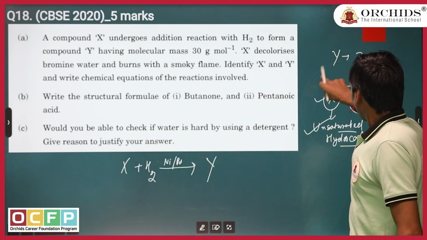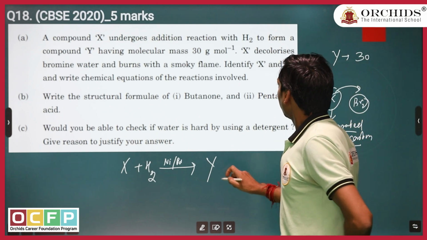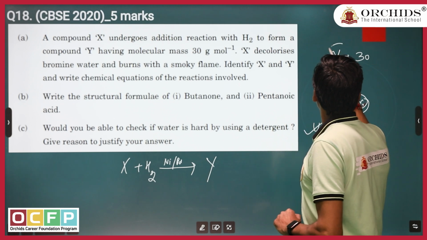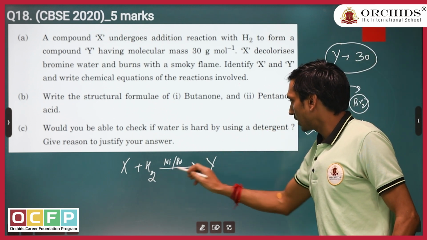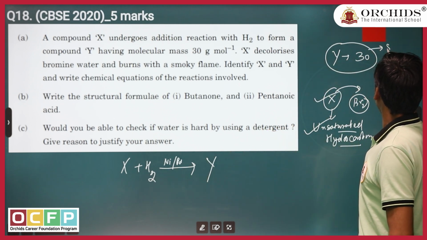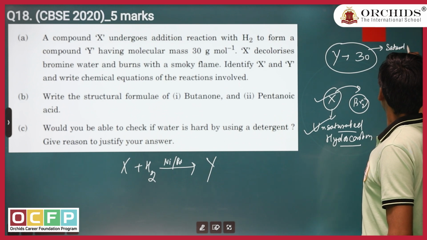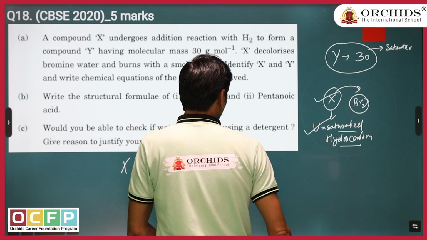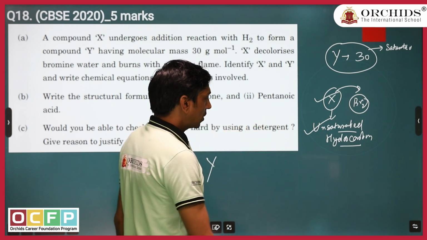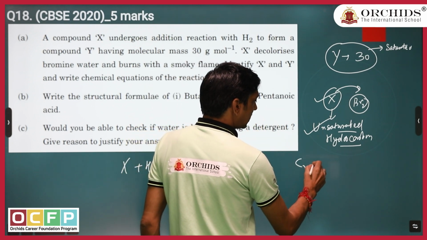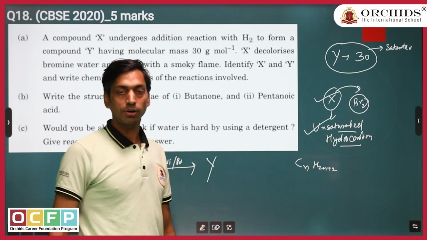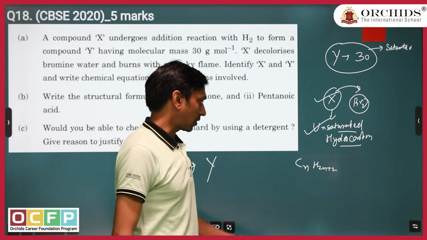Now we are getting Y, and the molar mass of Y is 30. Obviously, due to the addition reaction, Y produced is a saturated hydrocarbon. So we need to look for which saturated hydrocarbon has a molar mass of 30. CnH2n+2 is the standard formula of a saturated hydrocarbon.